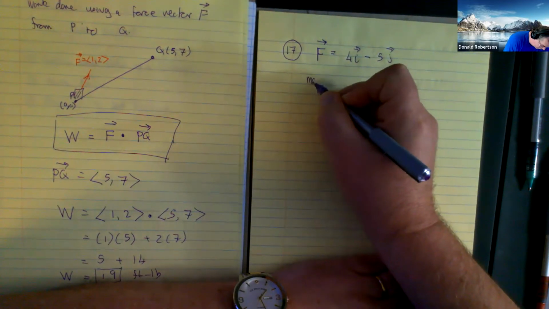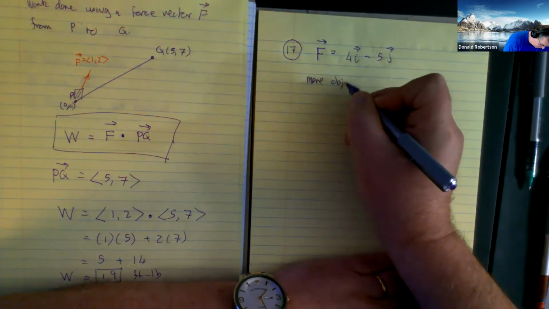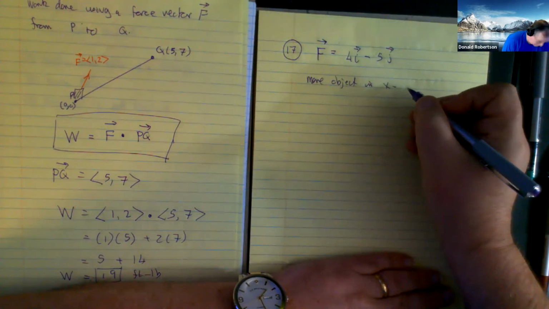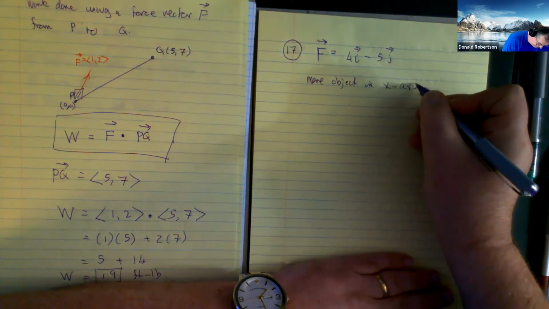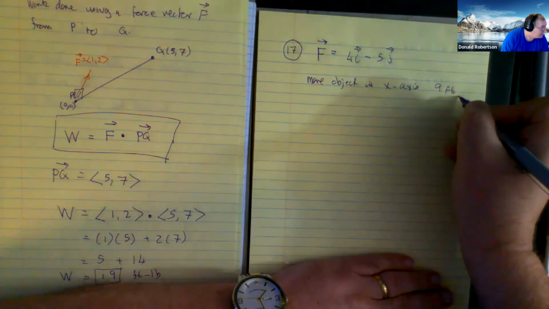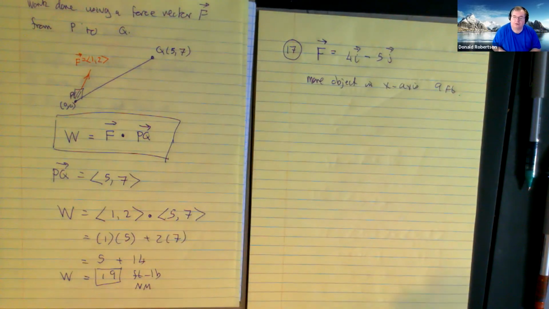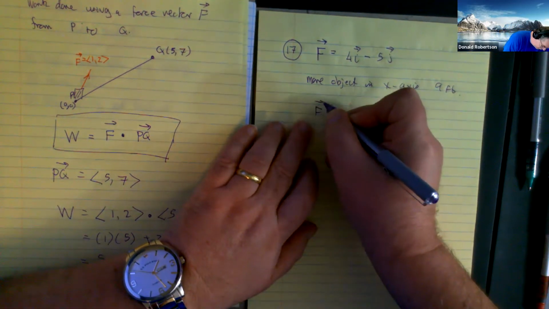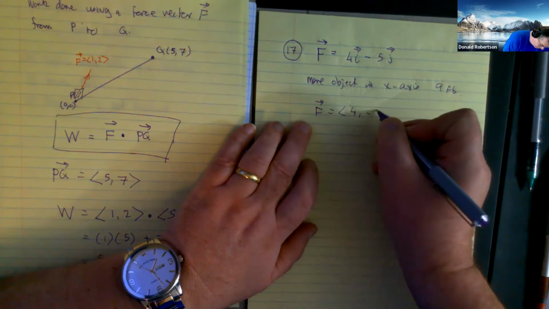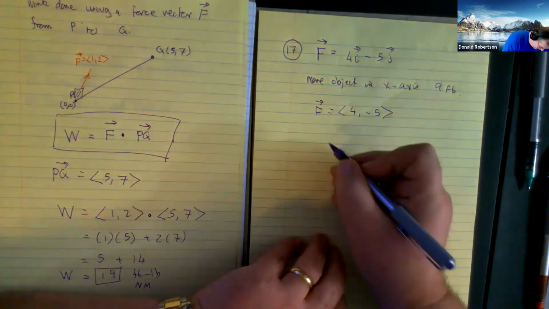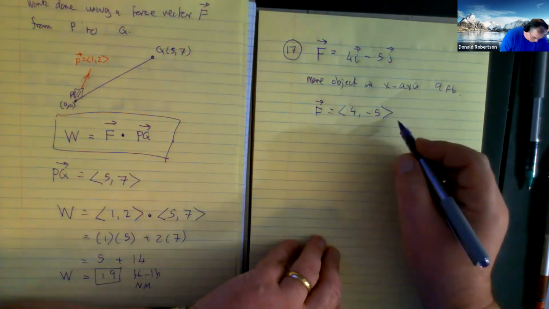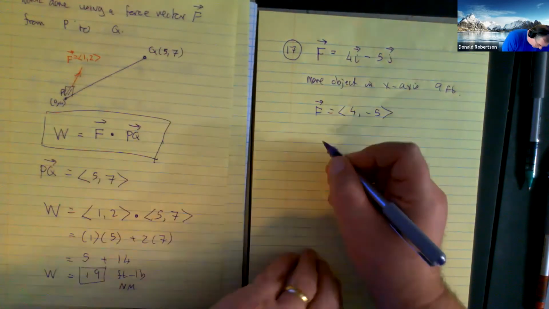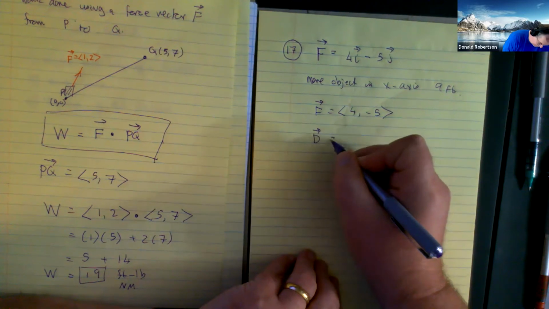And you're going to move this object in the x-axis, right, in the x-axis, 9 feet. And you've defined the work done. So I like to use that notation. So there's the force. And the second vector, which is basically the movement one, I'm going to call it D.